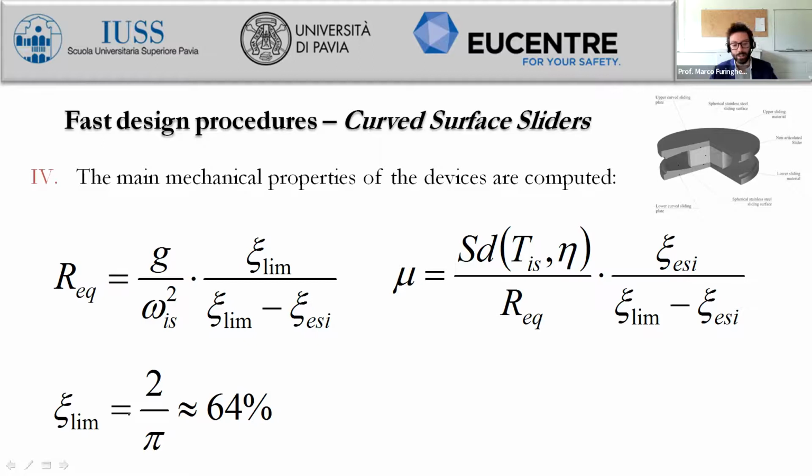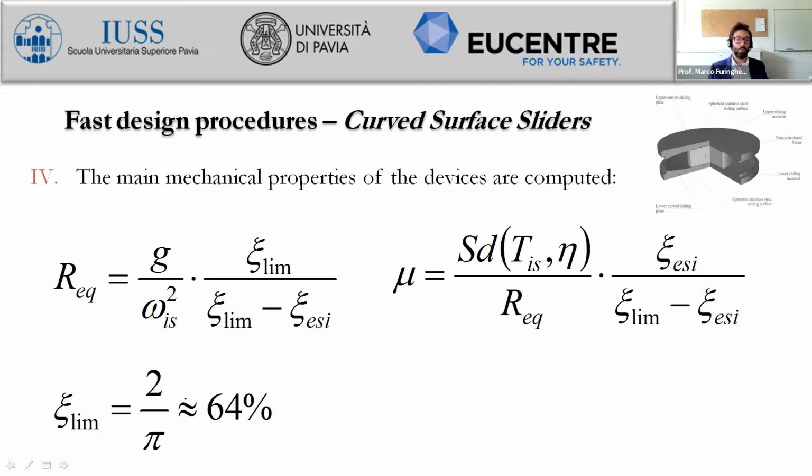You see Xi limit is equal to 2 over pi, which is approximately 64% of equivalent viscous damping ratio. So what is this number actually? This is a very important number, because it is the maximum damping ratio that you can achieve with a hysteretic loop.